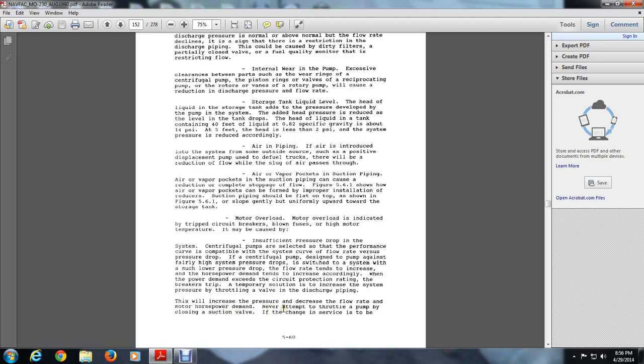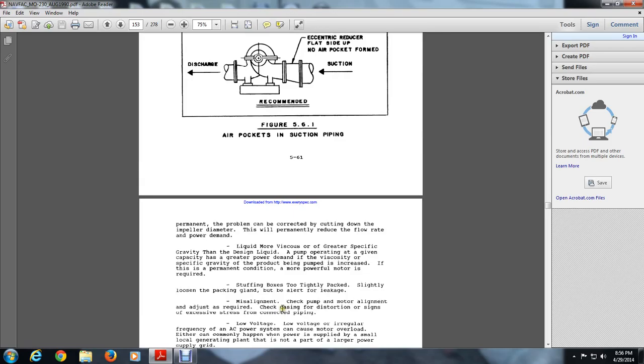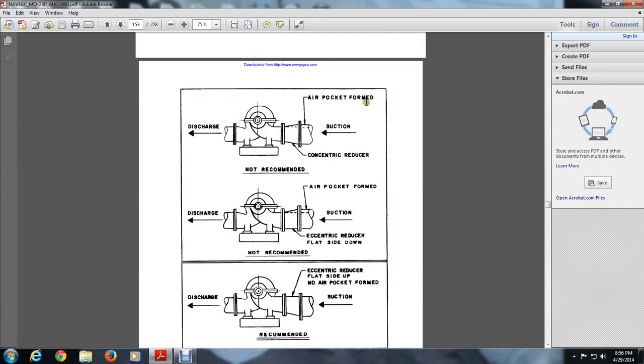If the changed service is to be permanent, the problem is corrected by cutting down the impeller diameter, which permanently reduces the flow rate and the power demand. You see the air pockets in the suction piping. We get an air pocket with a suction concentric reducer, and it is not recommended, and the air comes out the discharge.